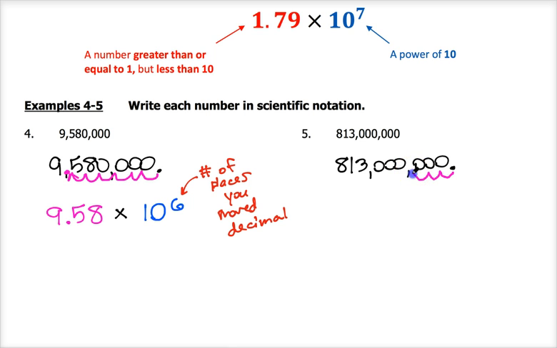So there's 1, 2, 3, 4, 5, 6, 7, 8 places I've gone. Now I'm at 8.13. To write this in scientific notation, it needs to be 8.13 times 10 to, how many places did we move our decimal point? We moved it 8 places, so this is going to be 10 to the 8th power.